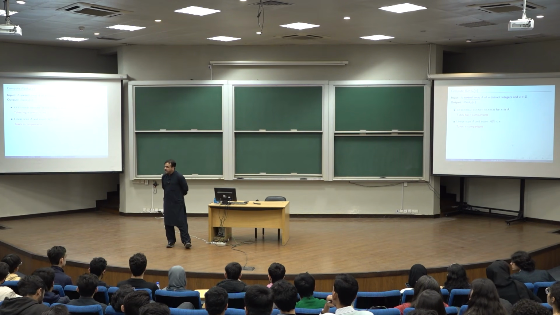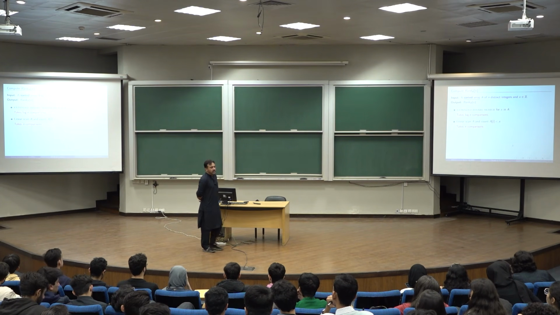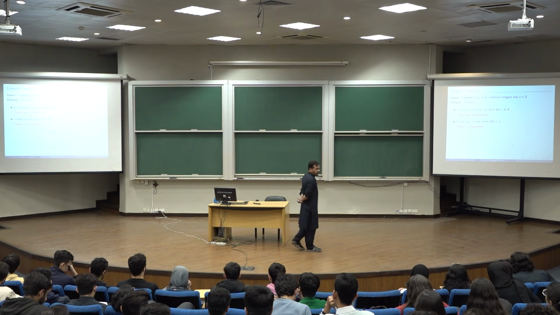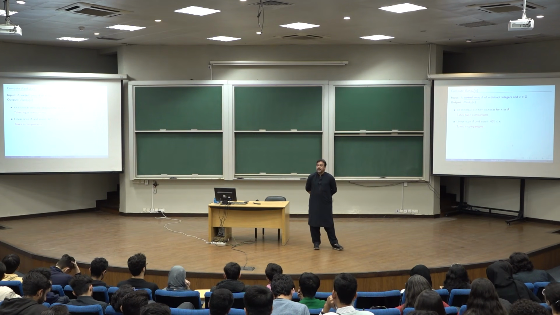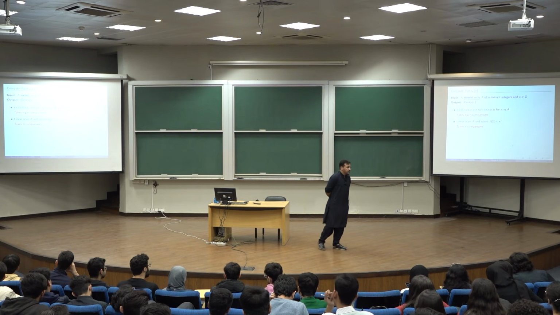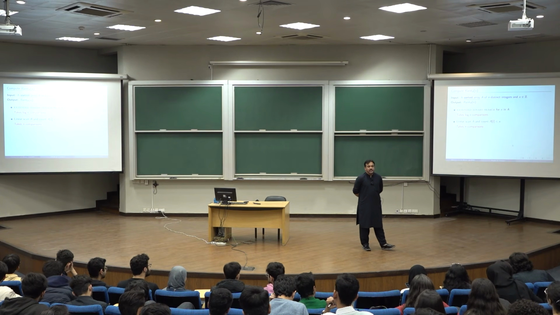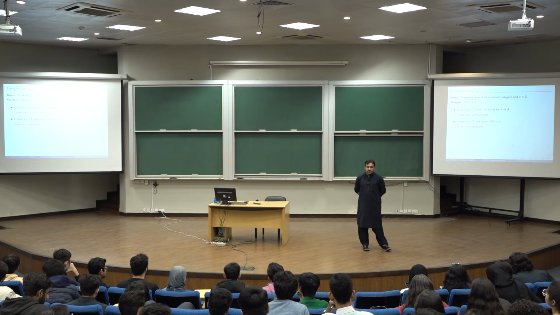Make sense? Anybody who has any issue so far with these two algorithms and their run times? Everybody is convinced that both algorithms are correct, and convinced about their runtime, their number of operations? Any objection, any issue?